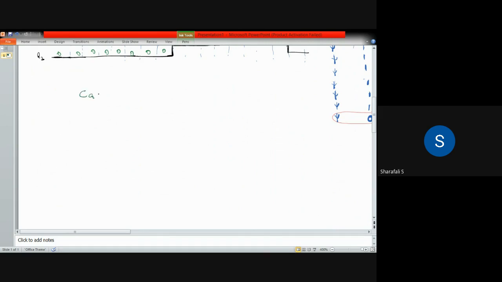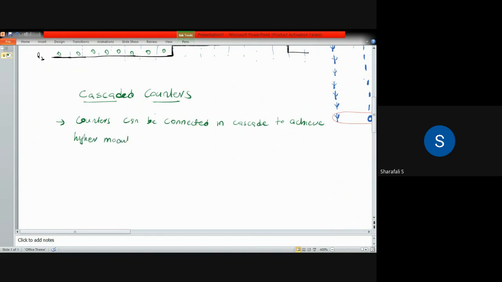So cascaded counters. Cascading means counters can be connected, or cascaded, in cascade to achieve a higher modulus value.